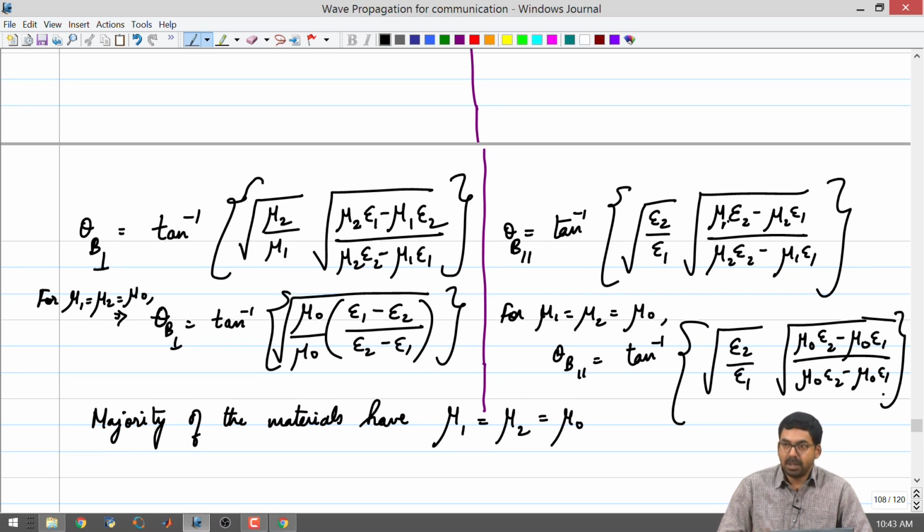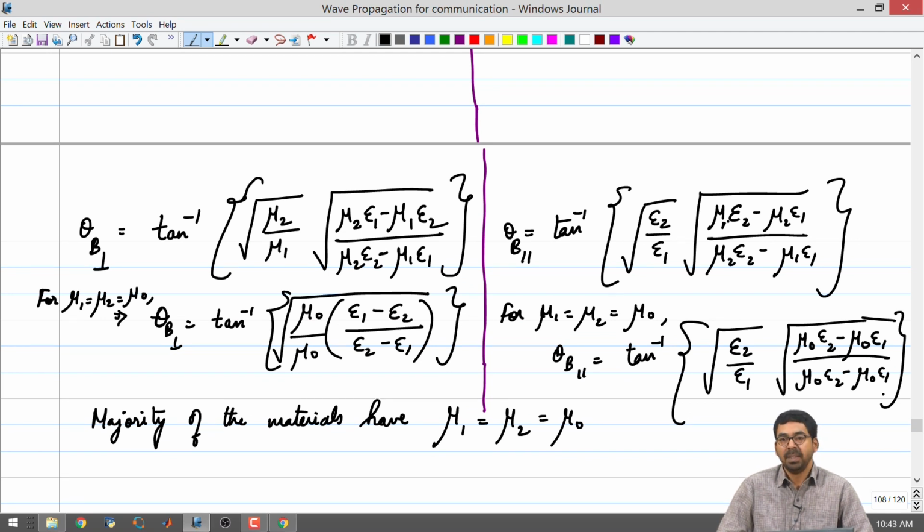So, if you consider the majority of materials to be non-magnetic, then for a particular polarization, you may not be able to find a Brewster's angle, but for the other polarization you will be able to find one.